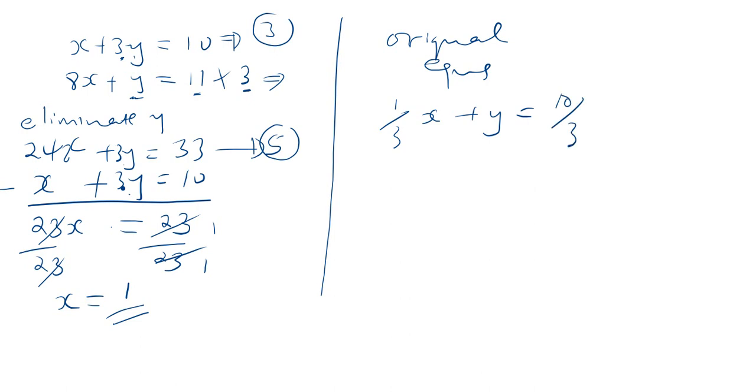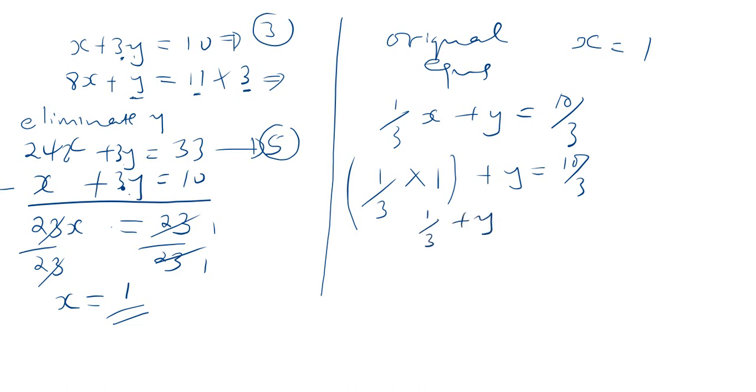So we are going to substitute x is equal to 1. So we have a third times 1 plus y is equal to 10 over 3. So this is a third plus y is equal to 10 over 3.